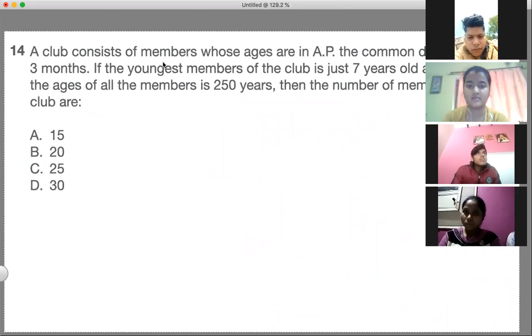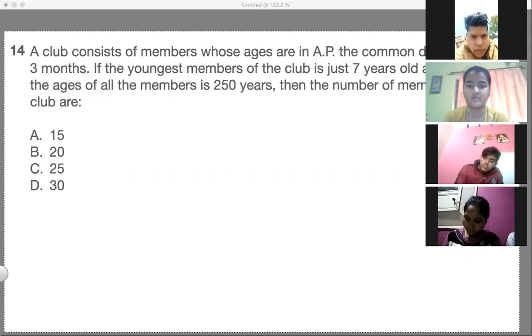A club consists of members whose ages are in AP, the common difference being 3 months. If the youngest member of the club is just 7 years old, and the sum of the ages of all the members is 250, then the number of members in the club is? Okay, this is the standard type of question.